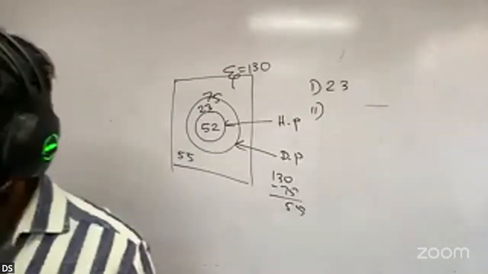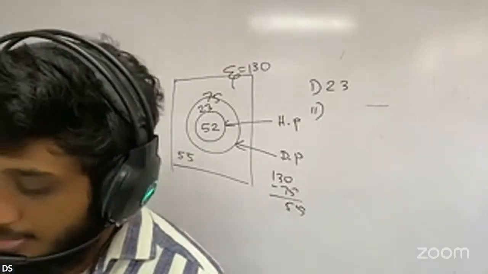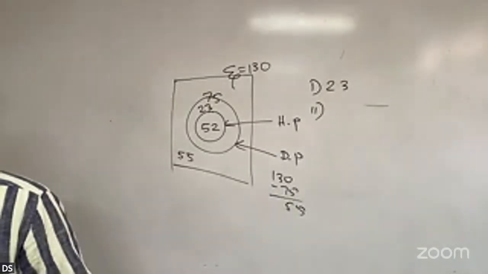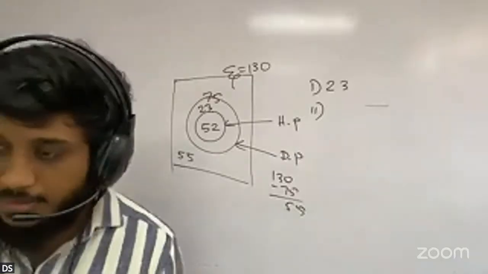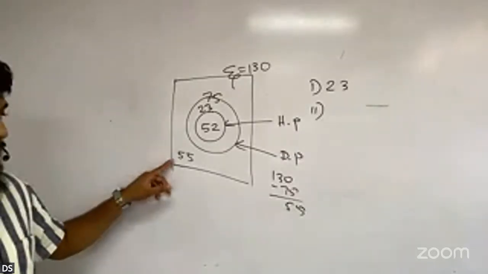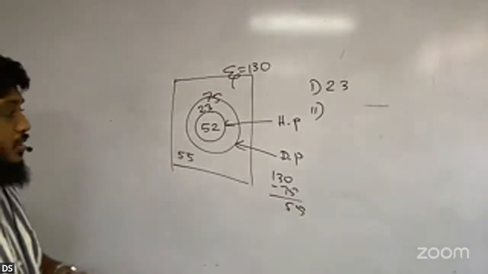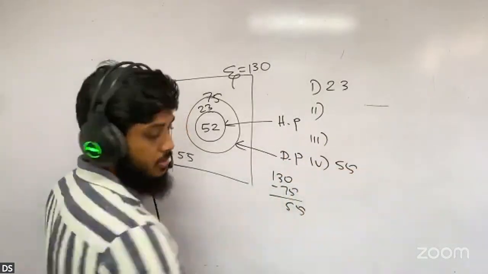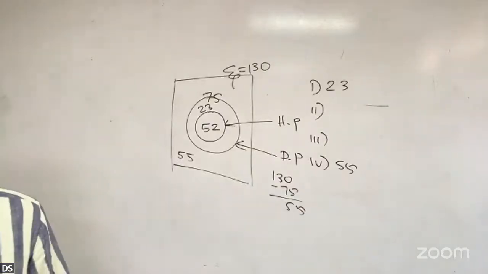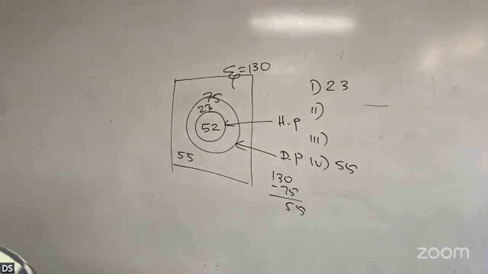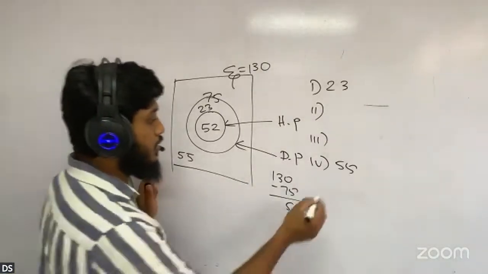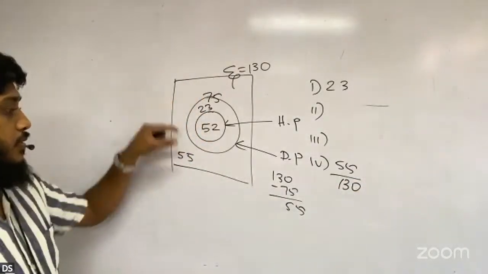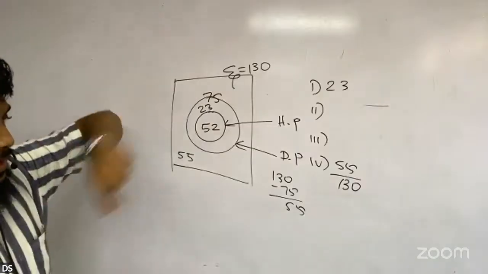And number 4, when a patient is randomly selected, find the probability that the selected patient is without both diseases, diabetes and heart disease. How many are without diabetes and heart disease? 55. Find the probability, so 55 out of the total of 130 people.